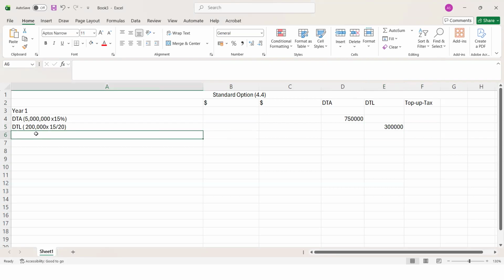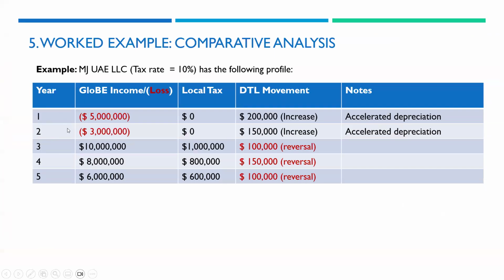What is going to be my top up tax for the year? 750K only? No, no. Sai, we are doing for standard, not the globe loss option.